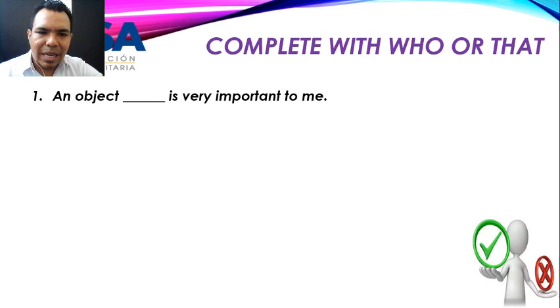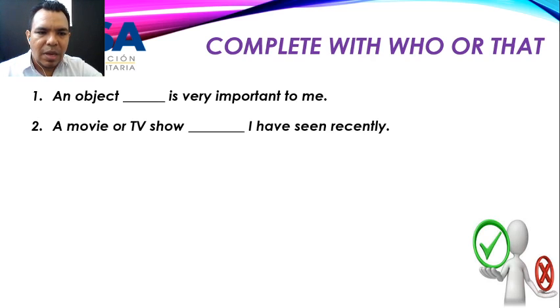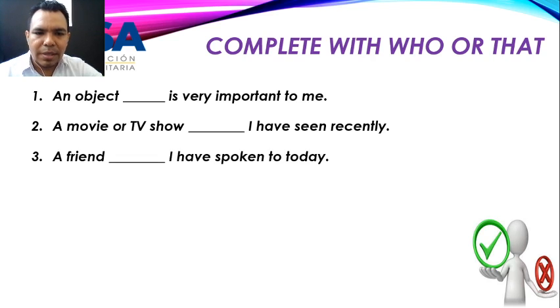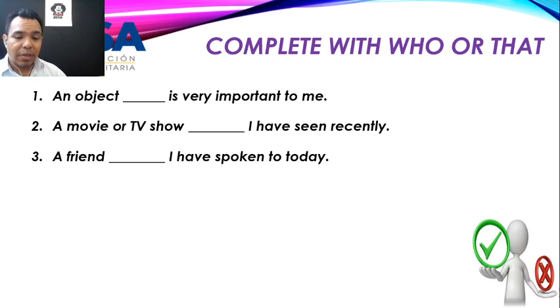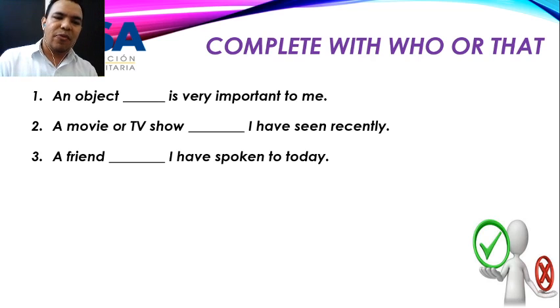An object that is very important to me. Number two: a movie or TV show I have seen recently. Number three: a friend I have spoken to today. In this case, we are talking about a person, my friend. So, a friend who I have spoken to today.